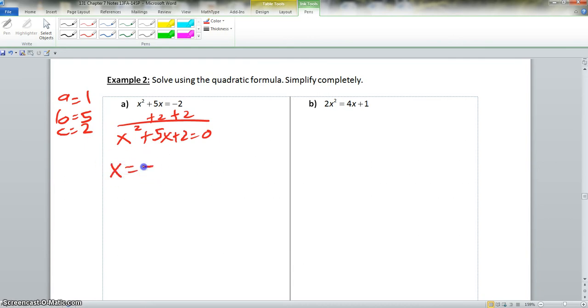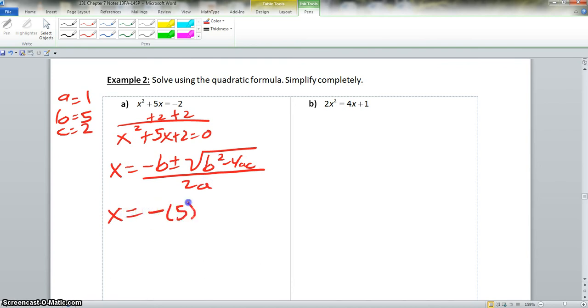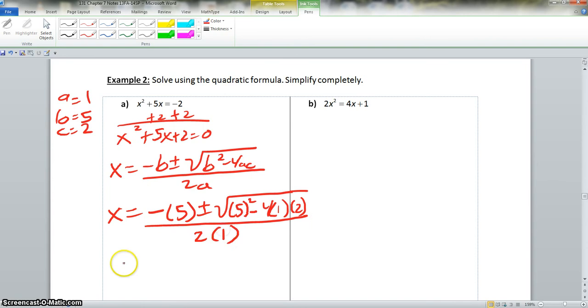So we have x is equal to negative b plus or minus the square root of b squared minus 4ac all over 2a. So we have x is equal to the opposite of b plus or minus the square root of b, which is 5 squared, minus 4 times a is 1 and c is 2, all over 2 times a is 1.